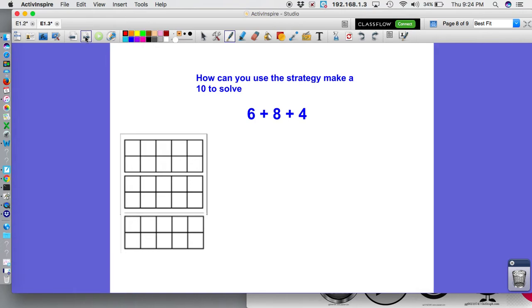How can you solve 6 plus 8 plus 4 by making a 10? This is a challenge. Please pause the video.